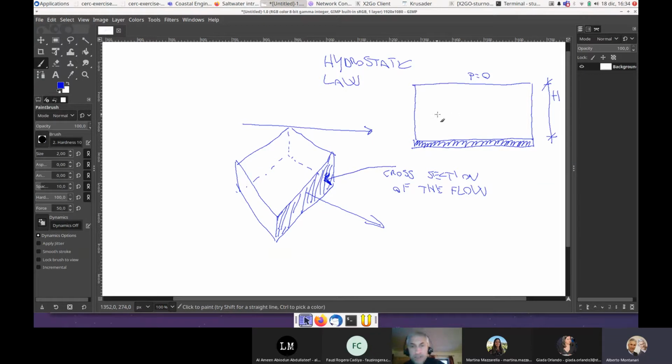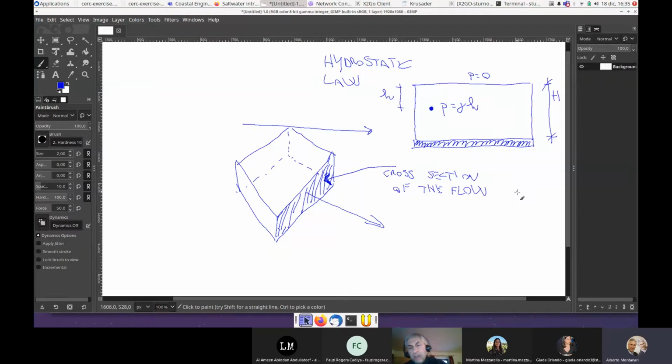Very good. Now let's assume that we have a fluid particle here, and let me indicate with lowercase h the depth of water above the particle. This means that, as we know from fluid mechanics, the particle is subjected to a pressure P, which is equal to gamma times lowercase h.